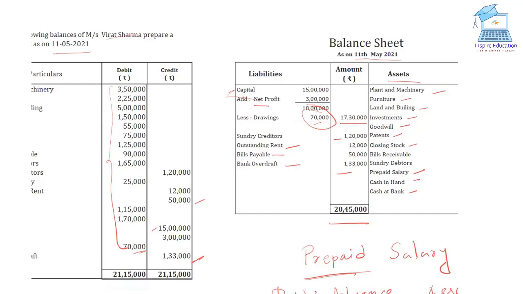Instead of subtracting this one, if you would have added this amount with this asset side, then the total would be same, isn't it? 20,45,000. We have subtracted here drawings. So instead of that, we have added the amount with the asset side. Then amount would be 21,15,000. Okay, this is the difference. Have you got that?